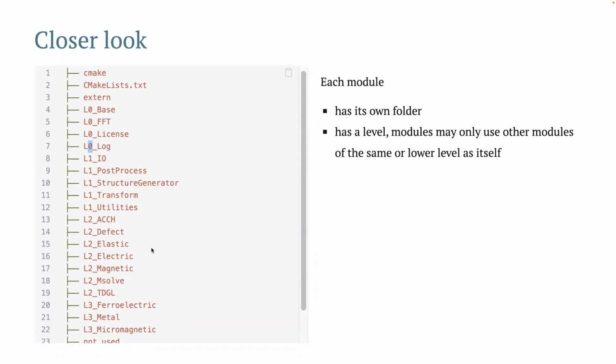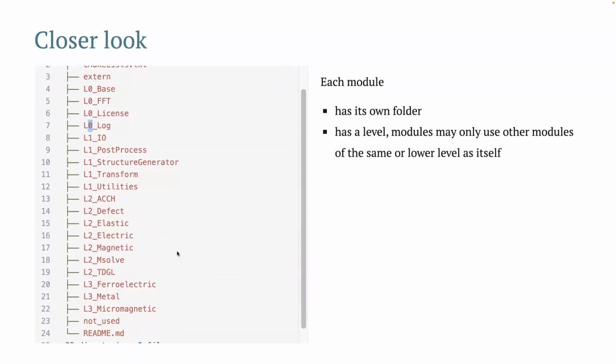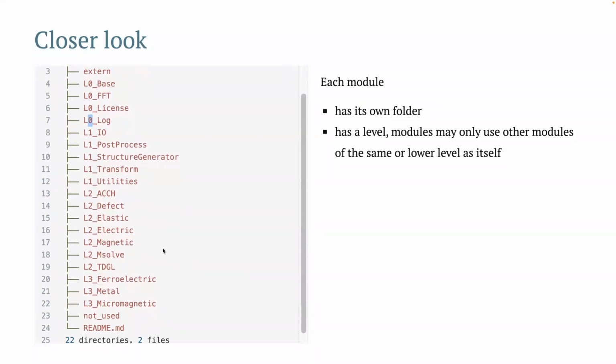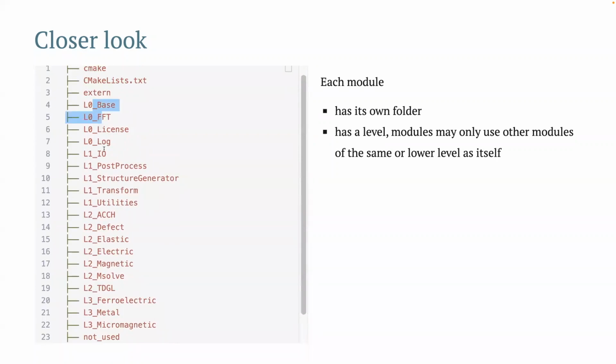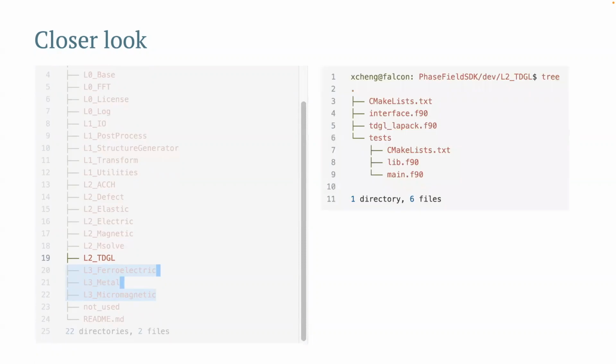So this is just one way to keep the dependency easier to track in the library. More basic functions will have a smaller level number, and more integrated functionalities will have a higher module number.